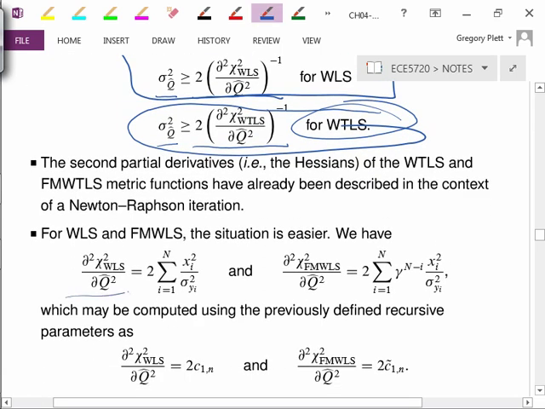We take the second partial derivative of the cost function with respect to Q squared, and it gives us this, and for the fading memory weighted least squares solution, it gives us this, and you say, wait a minute, this looks pretty familiar. We already defined this to be something that we called C1, so the Hessian is simply 2 times C1.